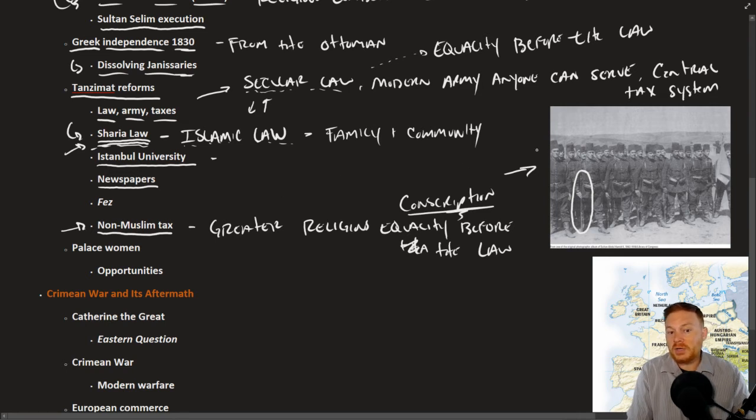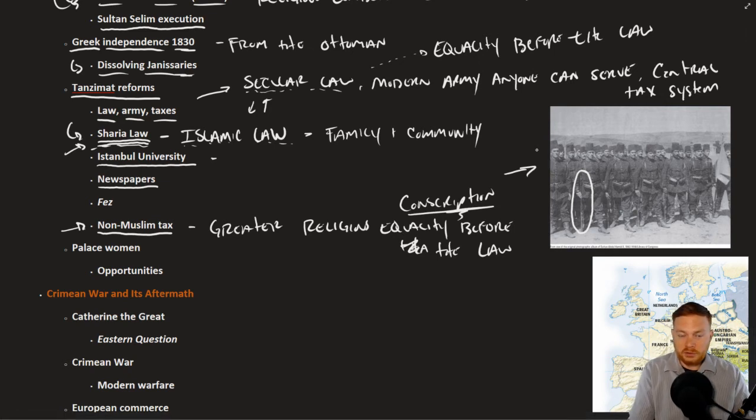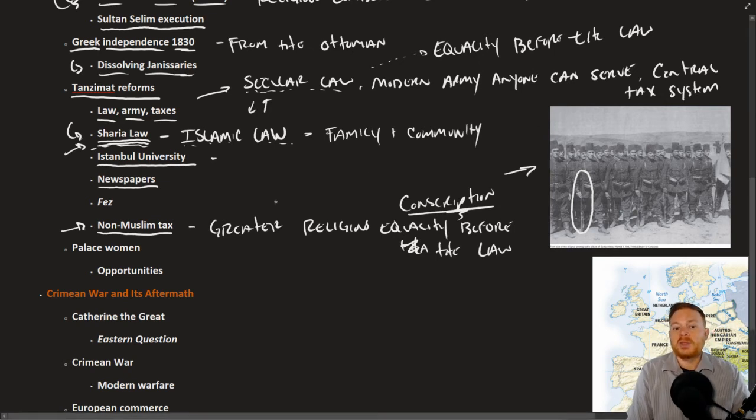But at the same time, even though the Tanzimat reforms were bringing in a lot of outside ideas, from Europe especially, there were some parts of Ottoman culture and tradition that remained. Sharia law is a great example of a part of Ottoman tradition that really remains, but also the fez.